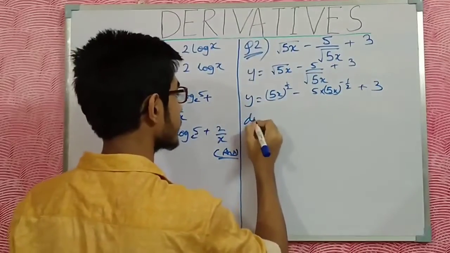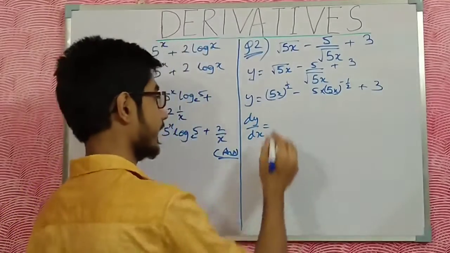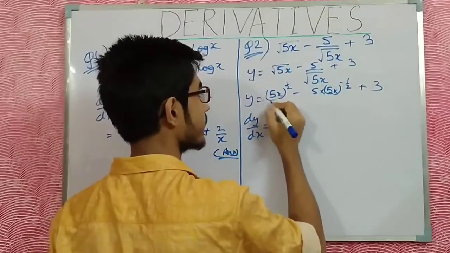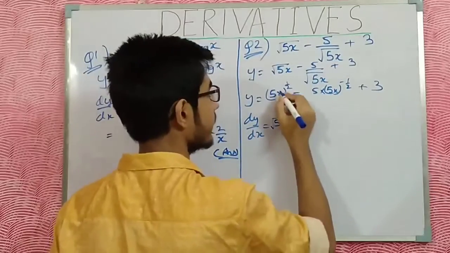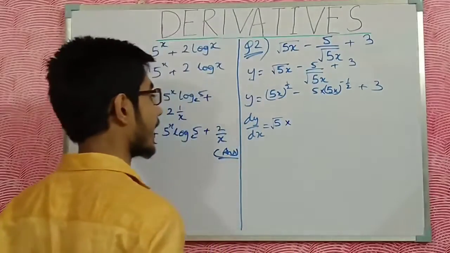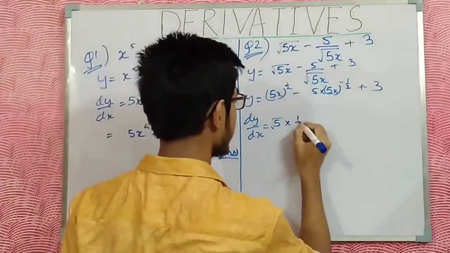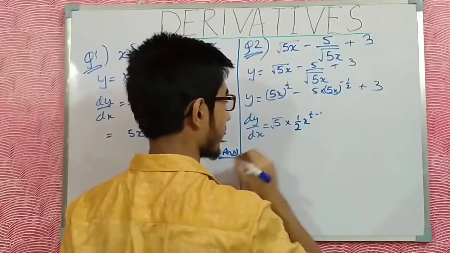So now differentiating dy by dx, it will act as x to the power n. For x to the power n, this one is constant, so it will come outside, that is root over 5, and then x to the power half. X to the power half will act as x to the power n. So for x to the power n, that is half into x to the power 1 by 2 minus 1.